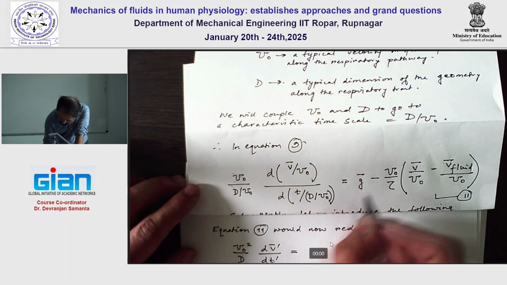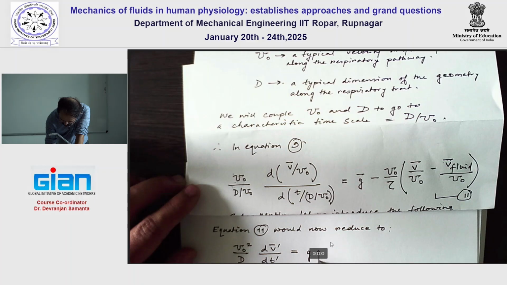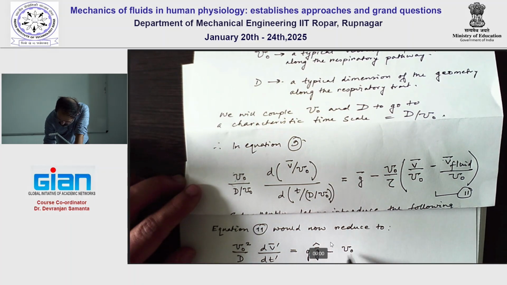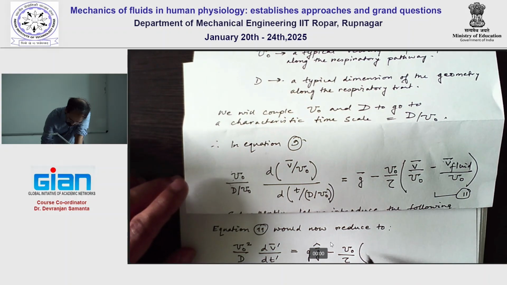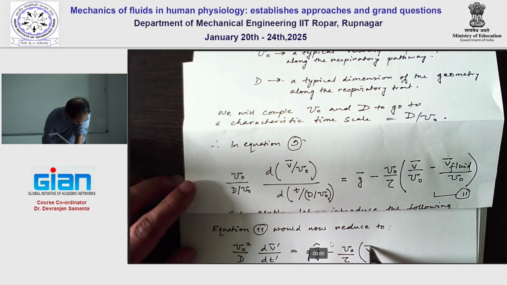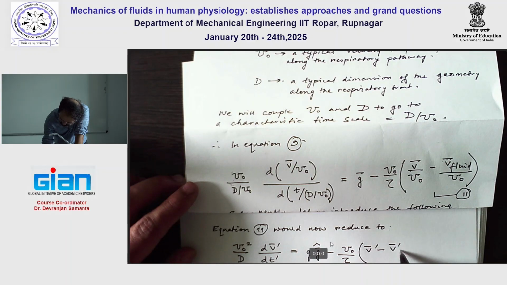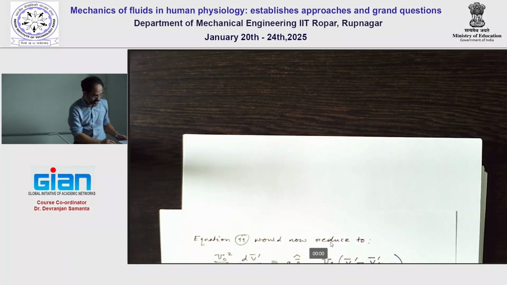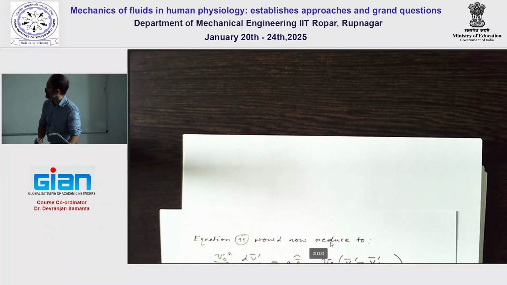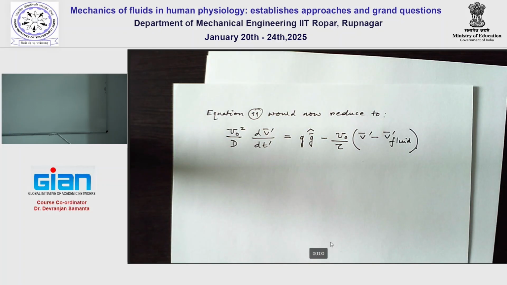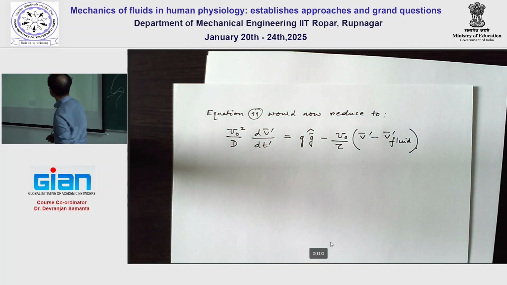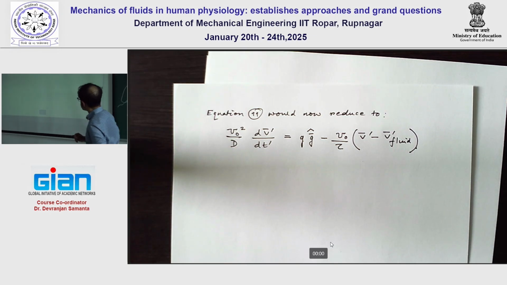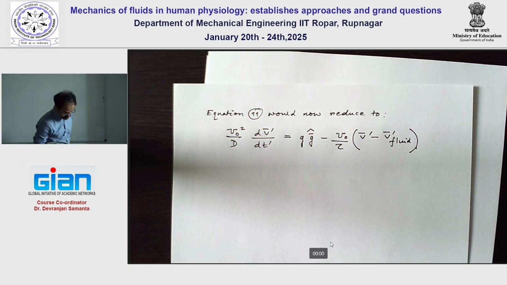Then the G becomes G times G bar hat minus U naught over tau multiplied by V prime minus V fluid prime. So this is what equation 11 is, by simplifying the coefficients and putting in the dimensionless variables.